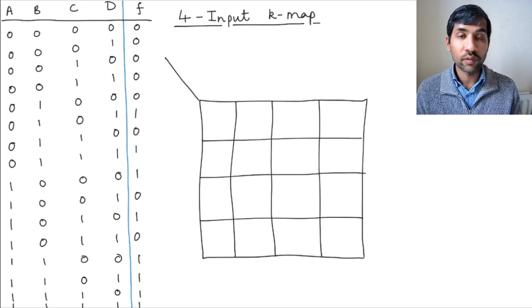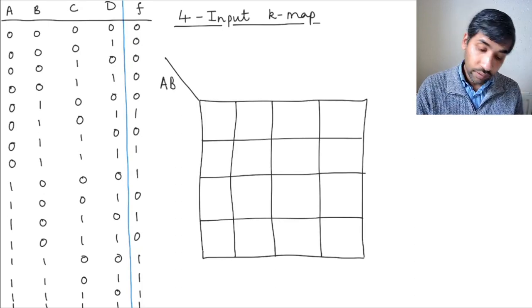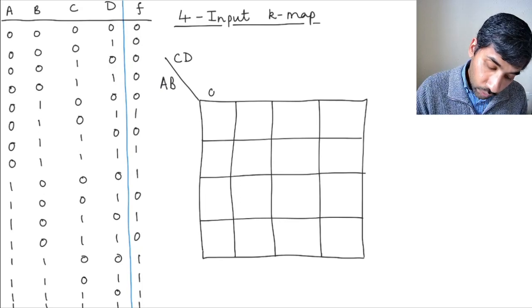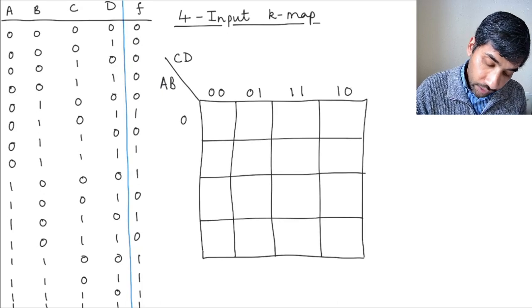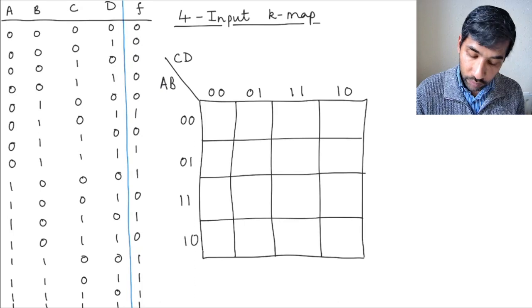And what we'll do is we'll put two of the inputs on the vertical axis and two of the inputs on the horizontal axis, and then we write the values. It will be 0 0, 0 1, and remember you have 1 1 first and then 1 0. And similarly here 0 0, 0 1, 1 1, and 1 0.